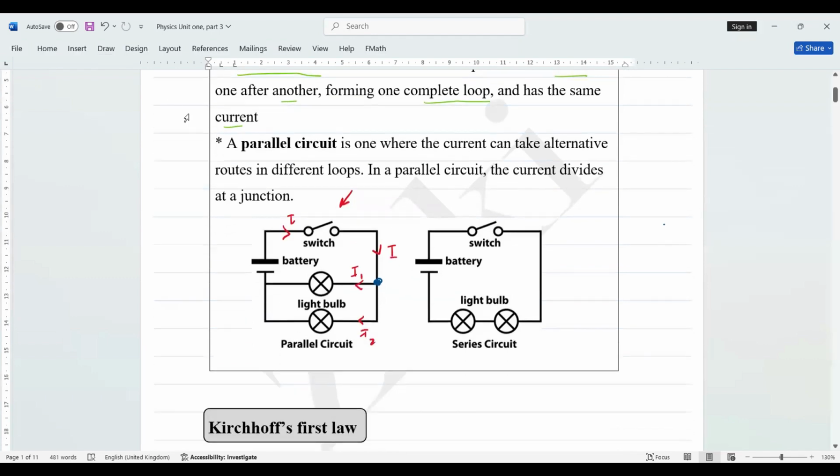So remember, in a series circuit, the current is the same. But in a parallel circuit, the voltage is the same.